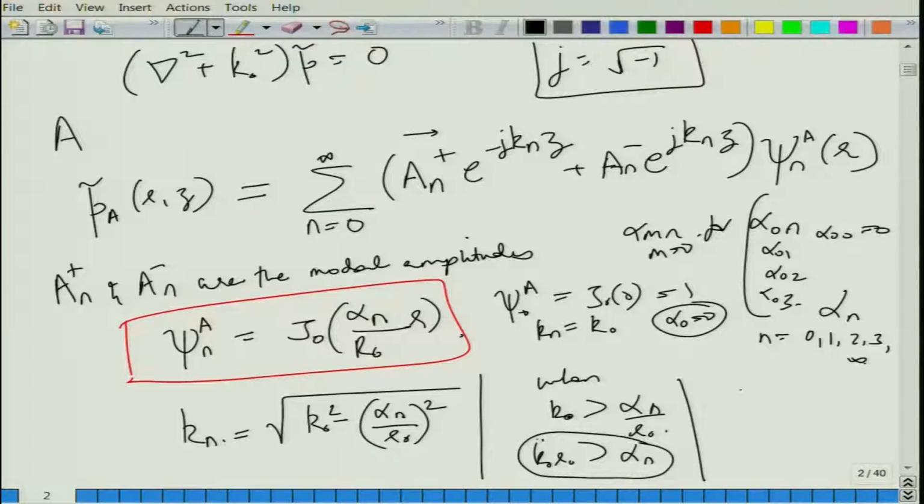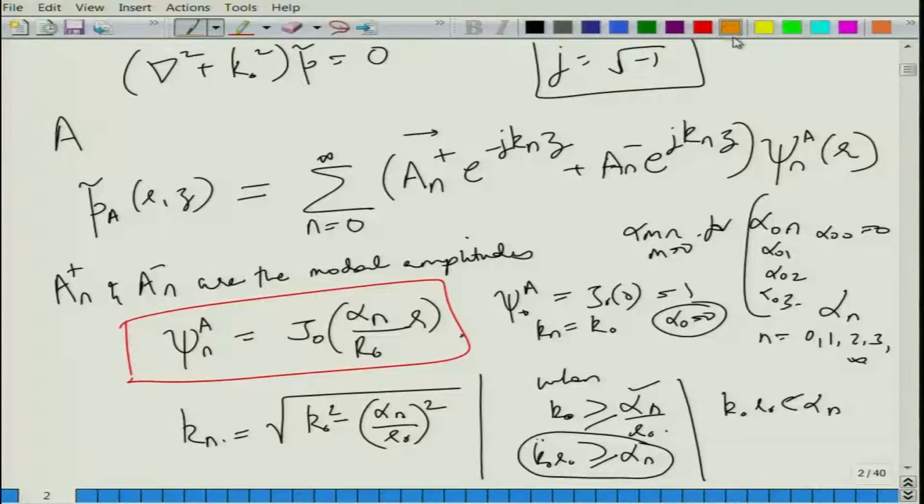If it is less than that, then it is evanescent. If it is greater than or equal to this, then these modes will propagate; it is just about to propagate when equality occurs. So if k naught is greater than this, there is no problem, it is a complex exponential.